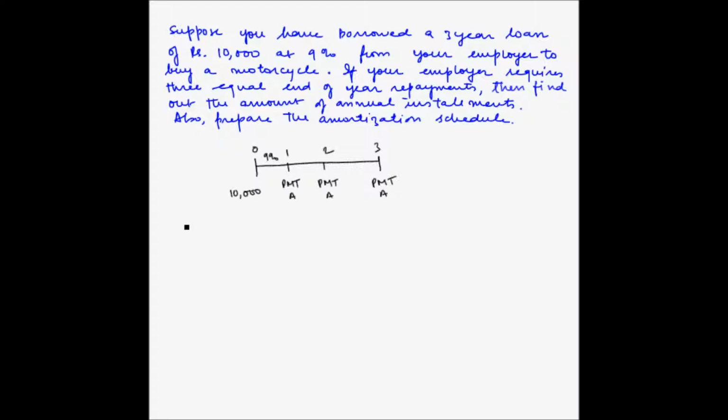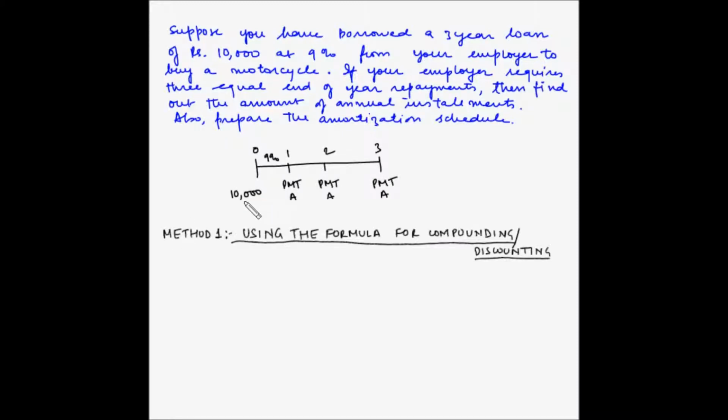So let's look at the first method to solve this example. Now this loan amount can be broken down into 3 components. Let's say PV1, PV2 and PV3. Now this PV1 will get converted into the first payment installment.